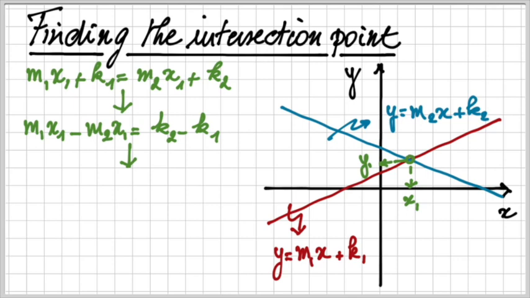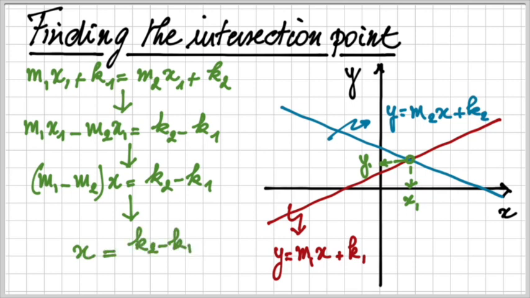What we do next is to take out x1, and we can rewrite m1 x1 minus m2 x1 as m1 minus m2 times x1 is equal to k2 minus k1. I forgot the index 1 there, but it has to be there. And then we find x1 is k2 minus k1 divided by m1 minus m2. So that's basically the value of x1 which we had to find.